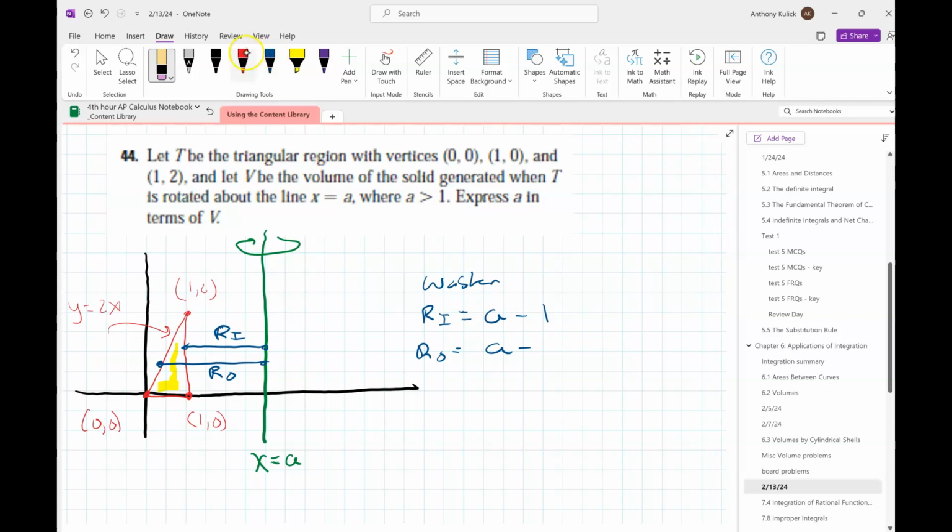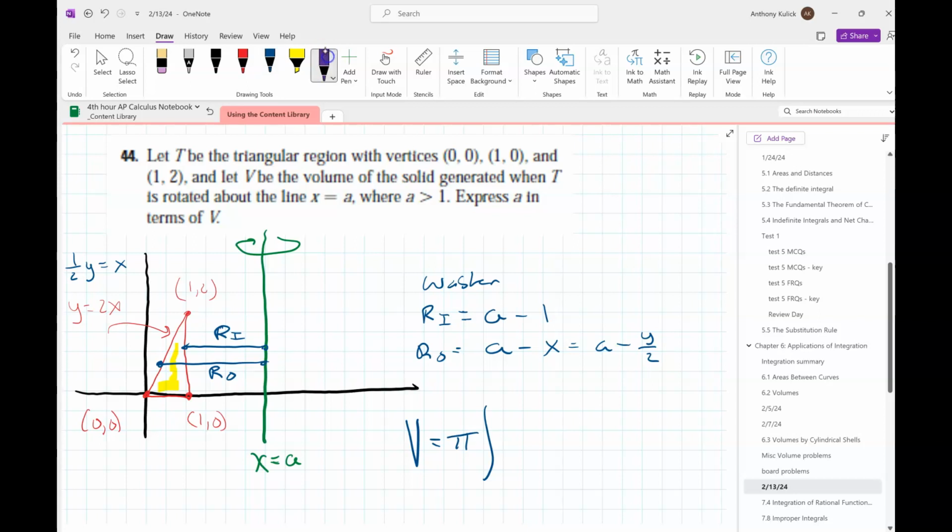So this is going to be 2 minus x, but x is really, yep. Everybody feel okay there? So our volume should be the integral from, Braden, give me the bounds.